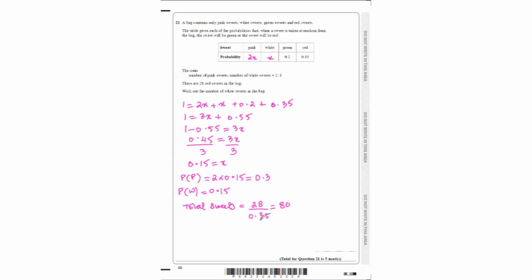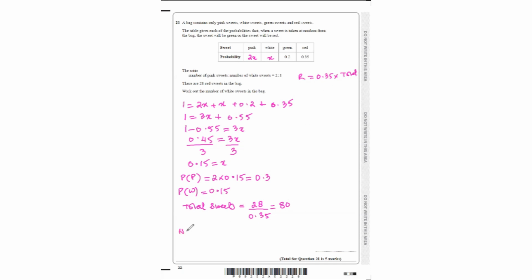Why 28 divided by 0.35? Because the red sweets are basically 0.35 times the total. Since the total is what we're trying to find and R is 28, 28 divided by 0.35 will give us the total value, which is 80.